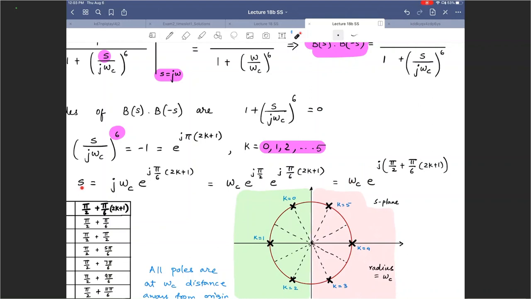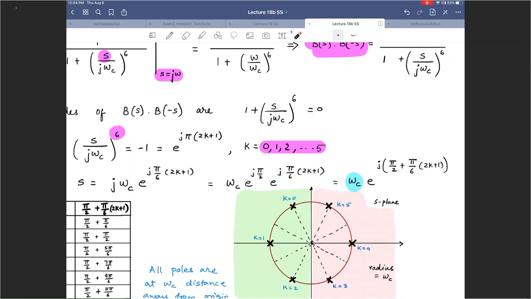The values of s for which I get the poles, where the denominator goes to 0, is actually omega sub c. That's the magnitude, the distance away from 0. And there is a phase to it: e raised to j times (pi over 2 plus pi over 6 times (2k plus 1)). So as k goes from 0, 1, 2, 3, 4, 5, there are going to be 6 of them because the denominator is of order 6.